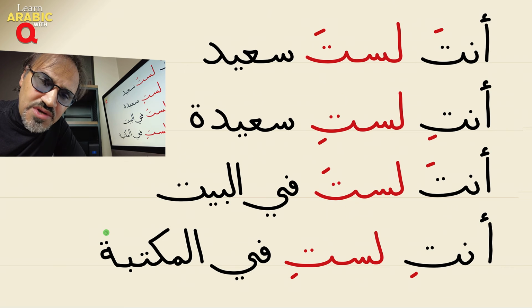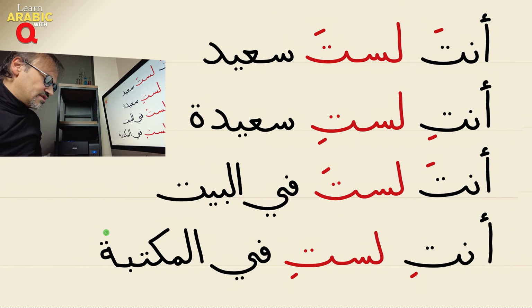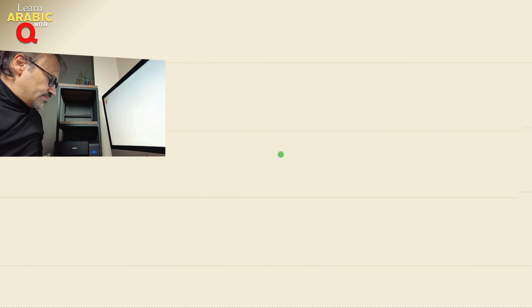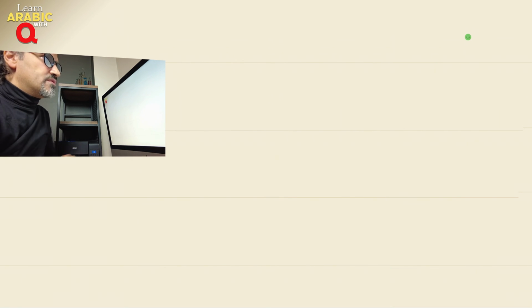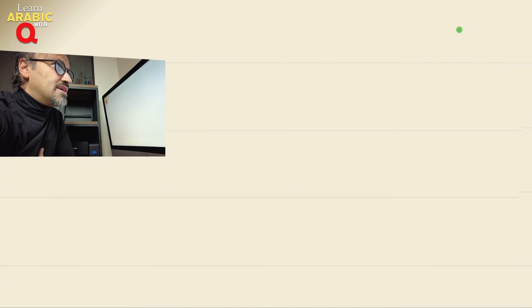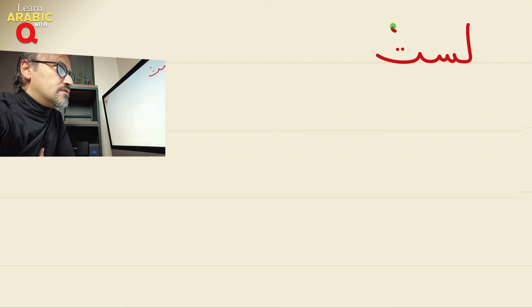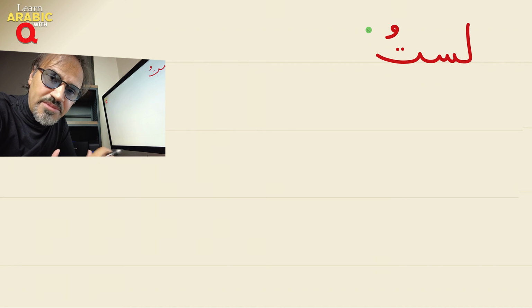Okay, so let's recap. If I want to negate something for myself, I will say لست. Let's write these down so we can just remember them. So, for the first person, myself, I would say لست. Both male and female can use the same one.